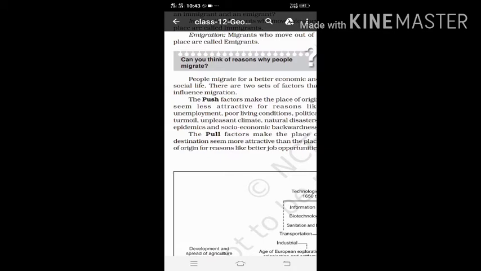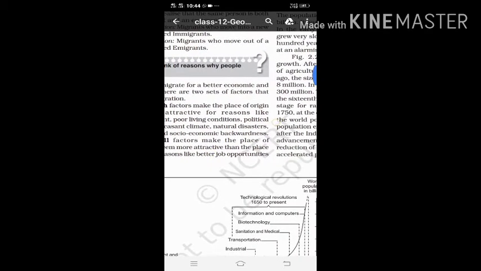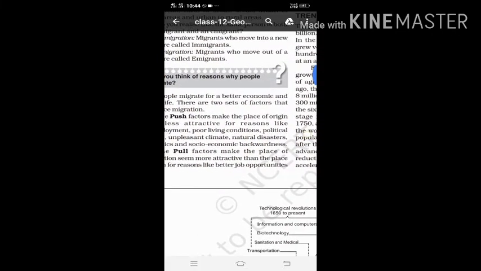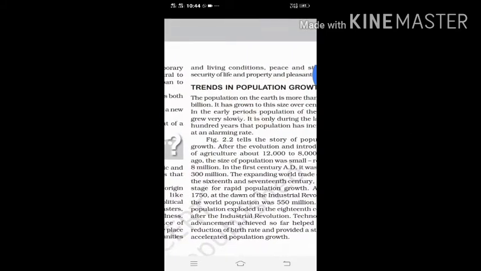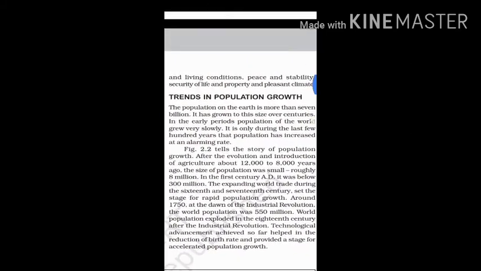So that is the pull factor, because the place where you will go and stay for better livelihood, education, and job opportunities will attract you, means you are attracted to this place. It is the pull factor.